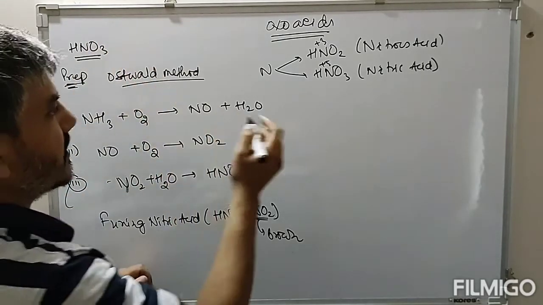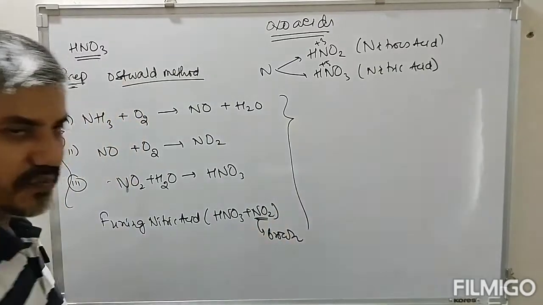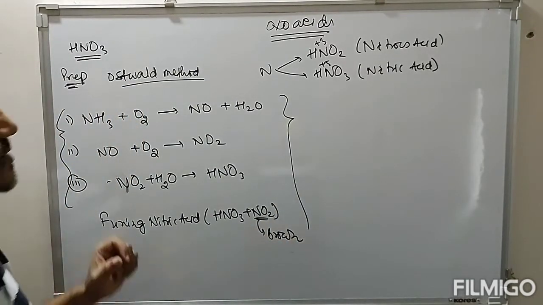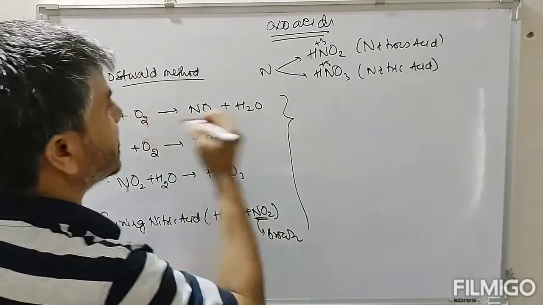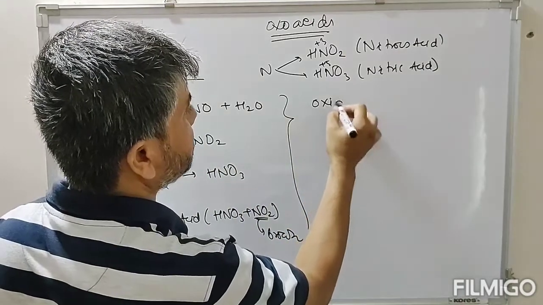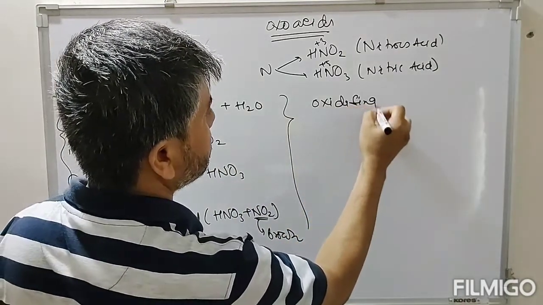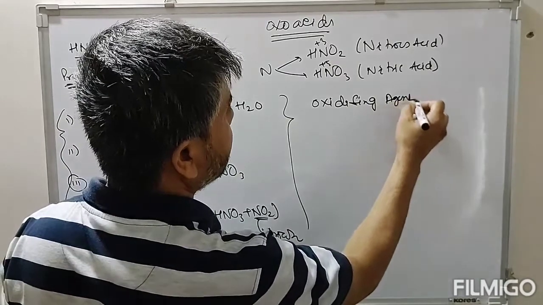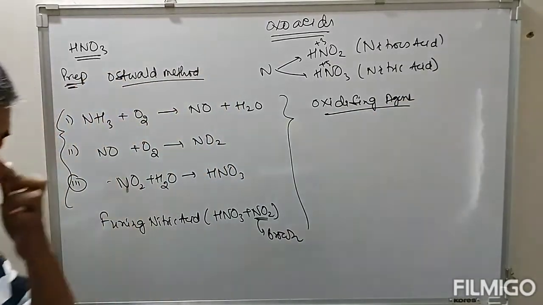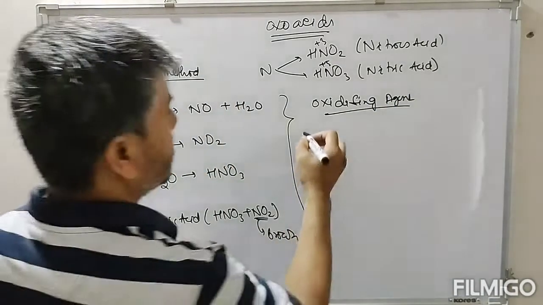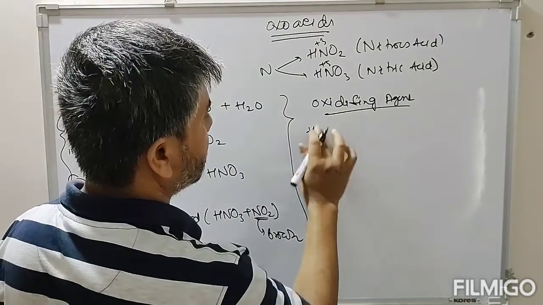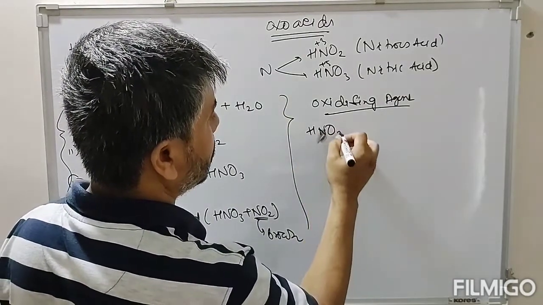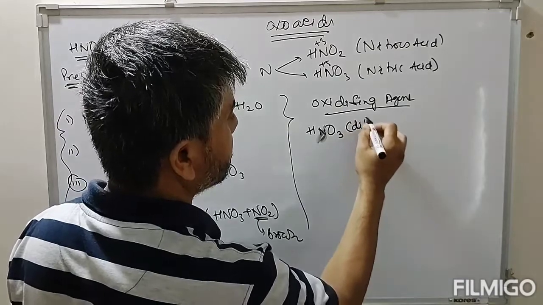Now we say this is an acid, so this will show all the properties of an acid. Along with this, one of the most important properties of this acid is that it is an oxidizing agent. So nitric acid is a very good oxidizing agent. So we have to look at this: HNO3 dilute.